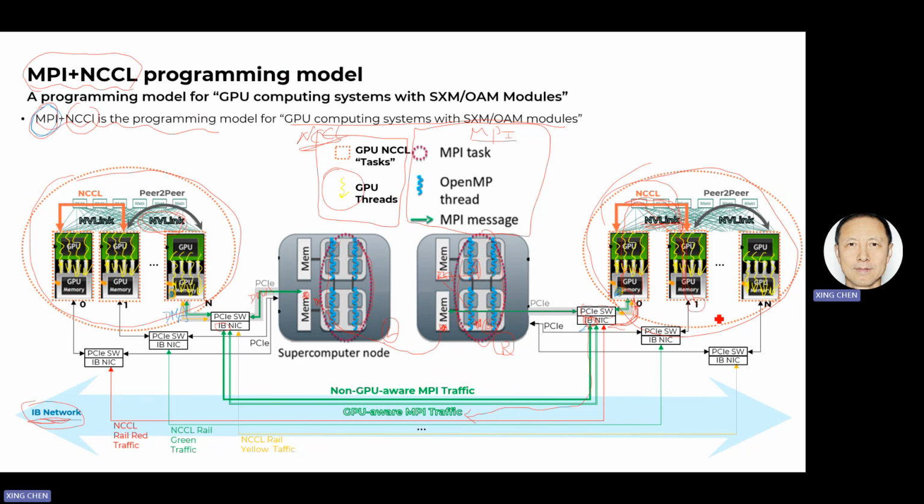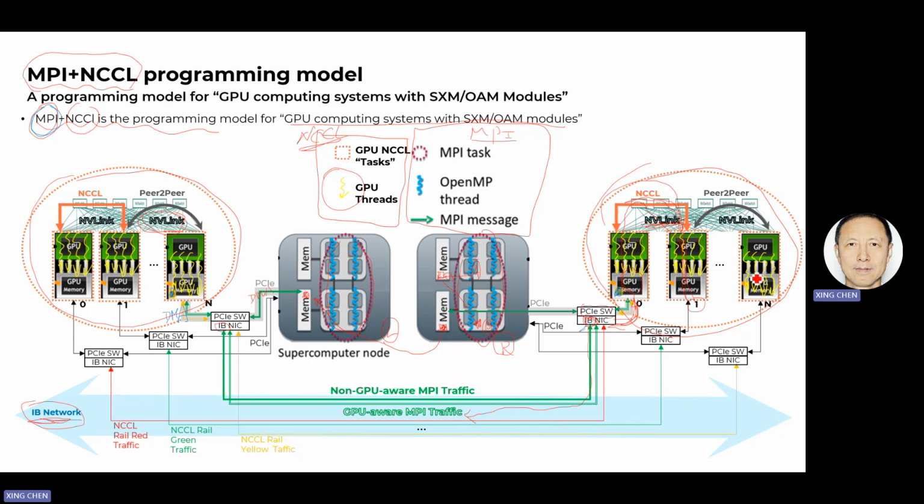But if GPU 1 from the right-hand side needs to communicate with GPU 0 from the left-hand side, the message needs to pass this NVLink network, and then goes down and passes this PCIe, and then passes the InfiniBand network and reaches its destination. So it needs to pass 3 kinds of networks. So this is how it's going to be done.